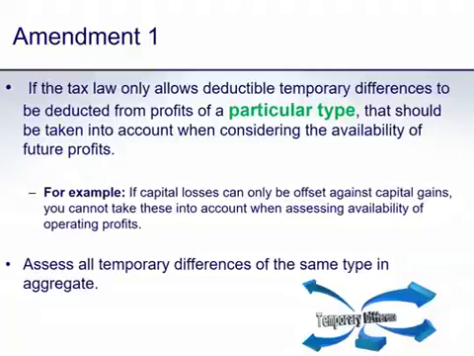However, if you can only offset capital losses against capital gains, you can't consider the availability of future capital gains for purposes of calculating deferred tax assets relating to operating profits. So the amendment clarifies that you need to assess all temporary differences of the same type in aggregate.